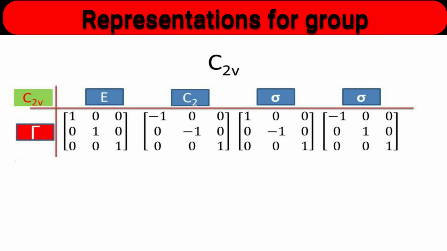For example, by the symbol gamma, a capital gamma, I represented 4 matrices. A set of 4 matrices representing respective operations is called a representation for that group. Here C2V is a point group, so whichever 4 operations are there, those 4 operations are represented by means of 4 matrices, and the collection of those 4 matrices is a representation for the C2V point group.